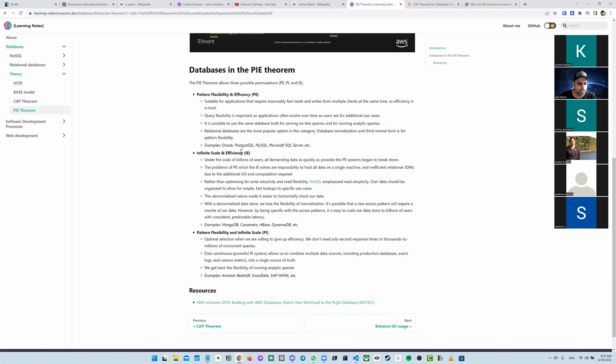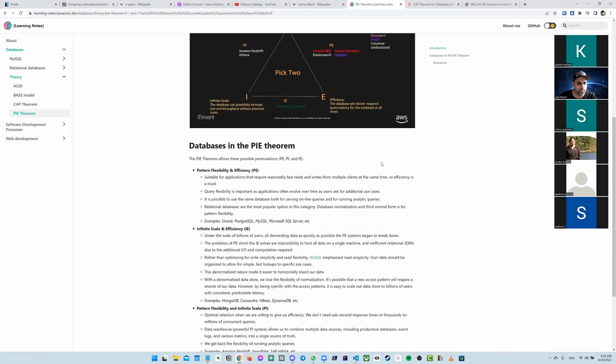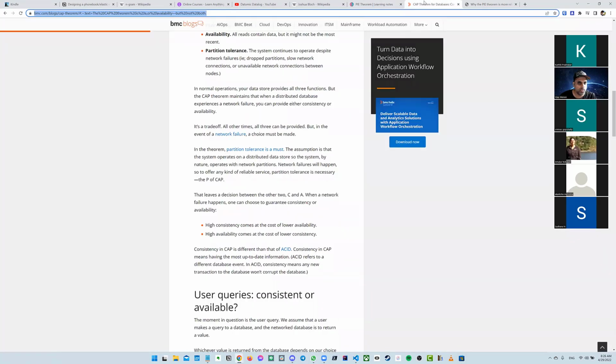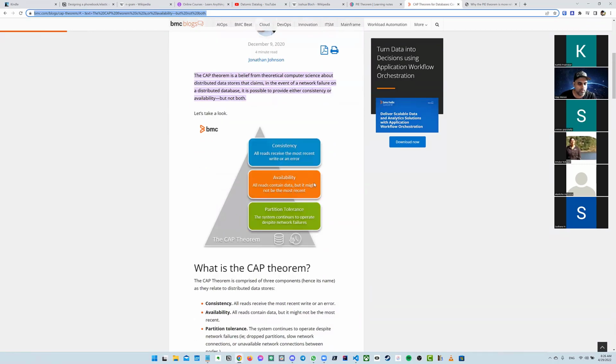So if you need lots of scale and efficiency, I think that's kind of what it comes down to. If you're asking questions like, I need to be flexible and efficient, or I need something with scale, you can think of the PIE theorem as a simpler way to answer which kind of database you should go with. Whereas the CAP theorem is more about consistency, availability, and partition tolerance, which is a lower level thing for your database, choosing the right database that can achieve all of these.